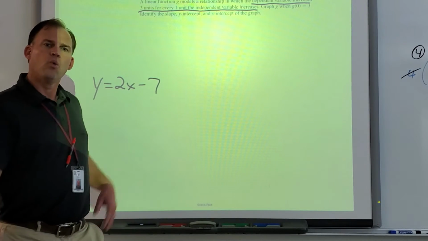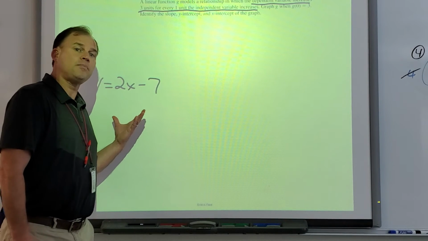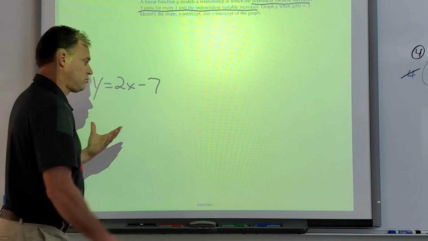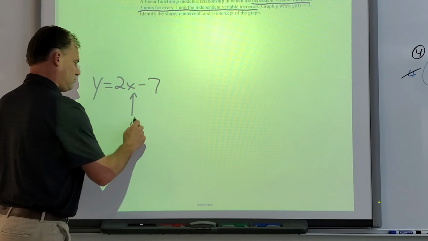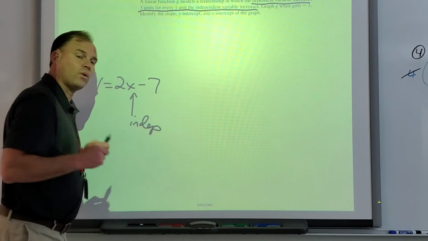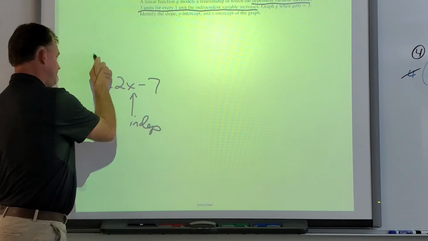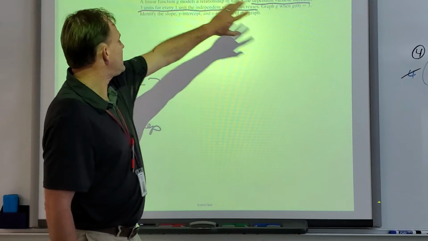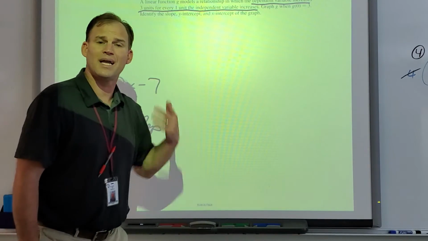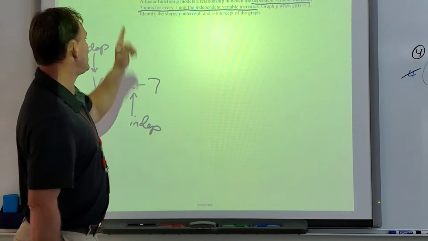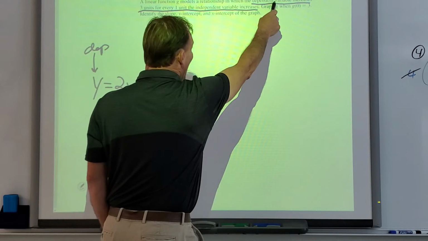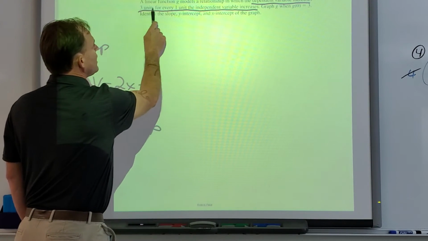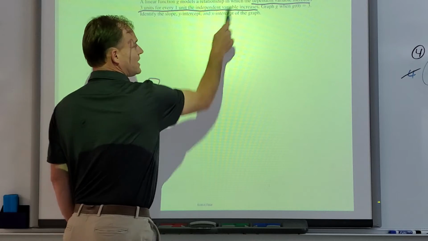Okay, where is the independent variable? Where's the dependent variable? So when it's talking about dependent variable and independent variable, it's talking about x and y. The dependent is the y. So it says y increases 3 for every 1 unit x increases.